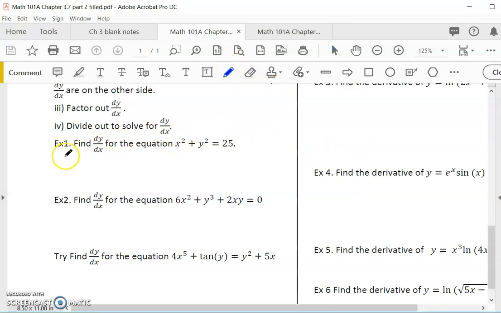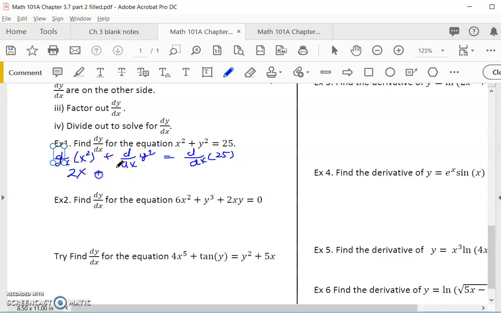When I say both sides, that means I apply it to every single term. So I do d dx for x squared, and then d dx for y squared, and still equal d dx for 25. Now d dx for x squared, x and x match, so it becomes 2x.